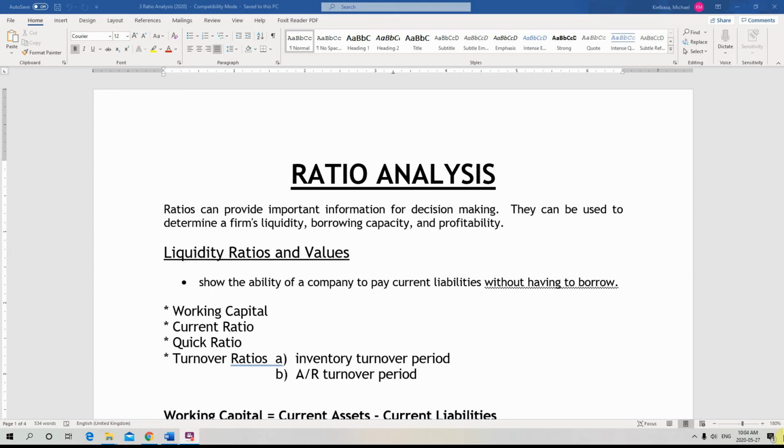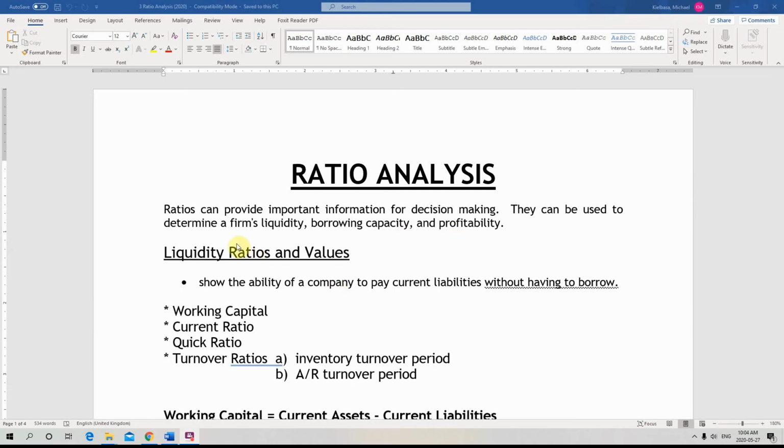Now, we call it ratio analysis, but it's not always ratio. Some of them are ratio, some of them are just figures. So, ratios can provide important information for decision making. Okay? So, they can be used to determine a firm's liquidity, borrowing capacity or ability to borrow, and its profitability.